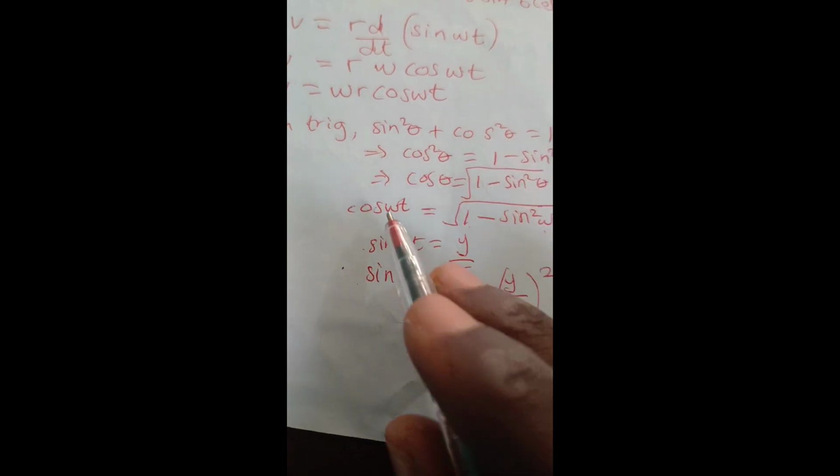So this now means that v is equal to omega r, and the cos omega t is equal to this. So omega r square root of 1 minus sine squared omega t. And then we've seen that sine squared omega t is equal to y squared over r squared.